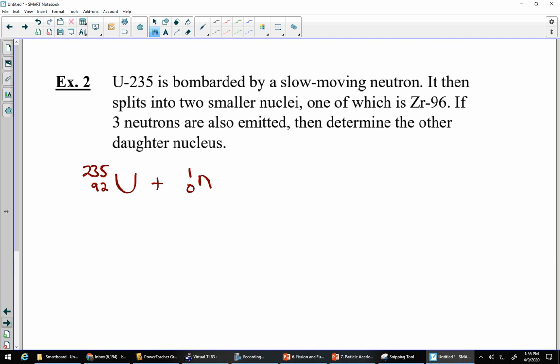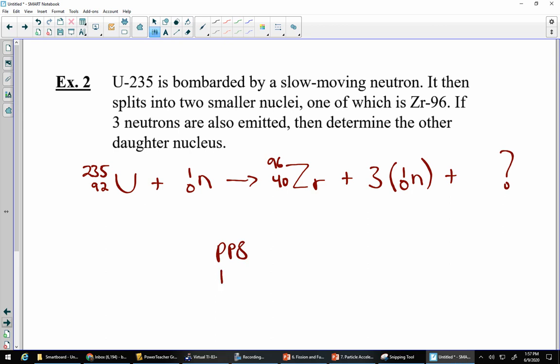Good, so that makes Zr-96, number 40, and 3 neutrons. So I'm going to say plus 3 neutrons. We want to determine the other daughter nucleus. What's the other nucleus that it makes? I'm just going to throw a question mark there. Again, we're dealing with physics principle 8 for those top numbers, physics principle 7 for those bottom numbers.